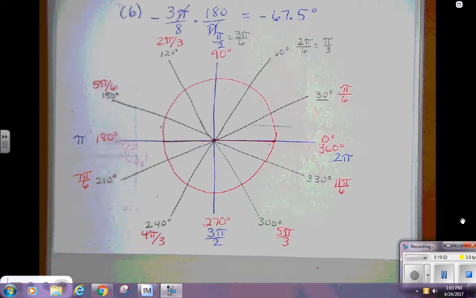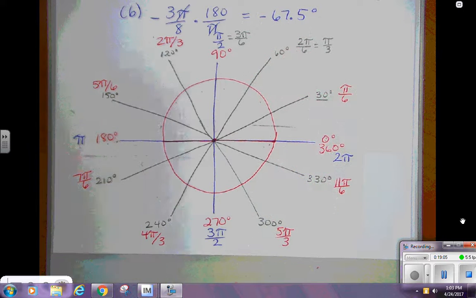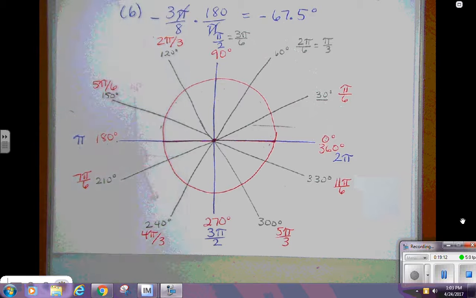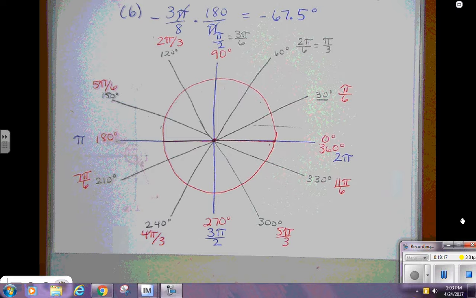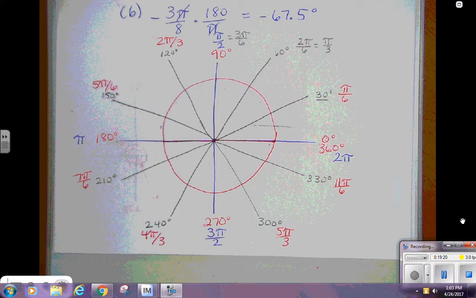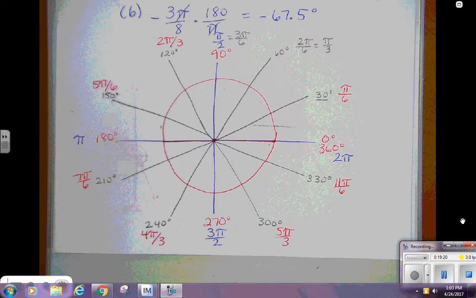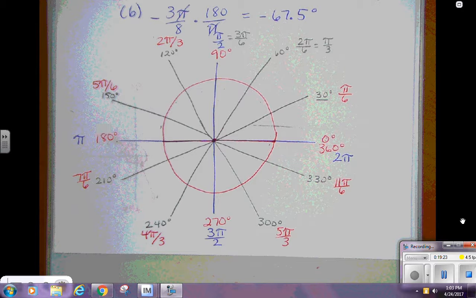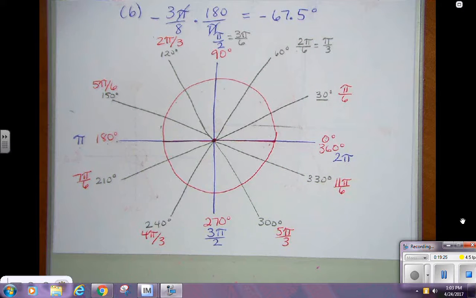Hey, did we already have the 5 pi over 3? Okay, you guys good? Yes. So let's go back and do the 45-degree angles now. When you guys are ready. I'm ready.